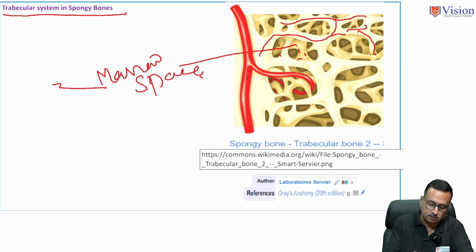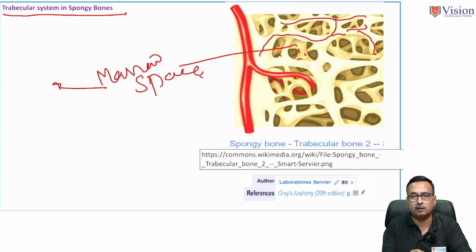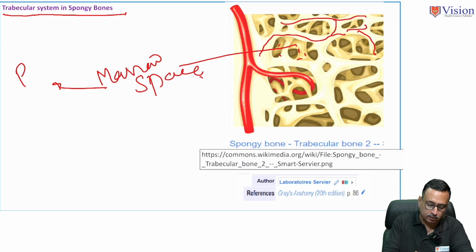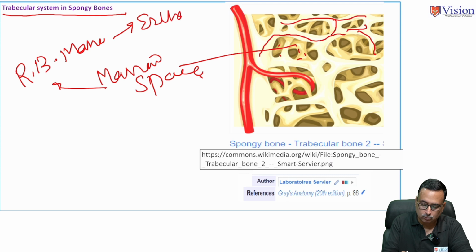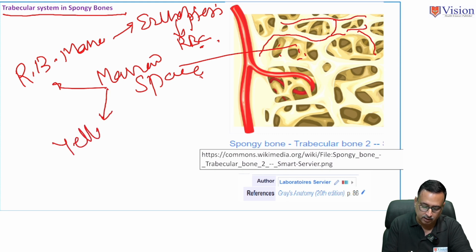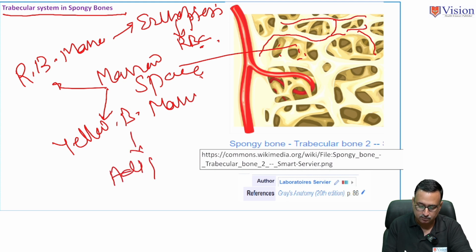And marrow spaces, if they are hemopoietically active, are called red bone marrow, necessary for erythropoiesis. Erythropoiesis is the formation of RBC. If it is inactive, then it is called yellow bone marrow. Then they contain adipocytes or fat cells.